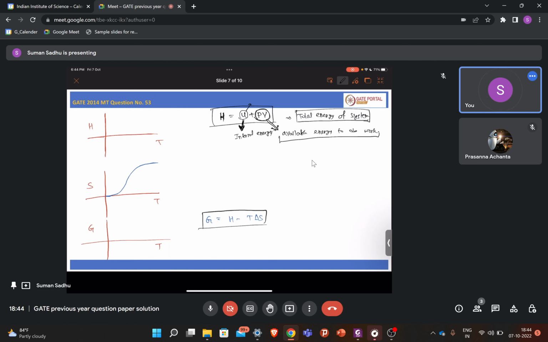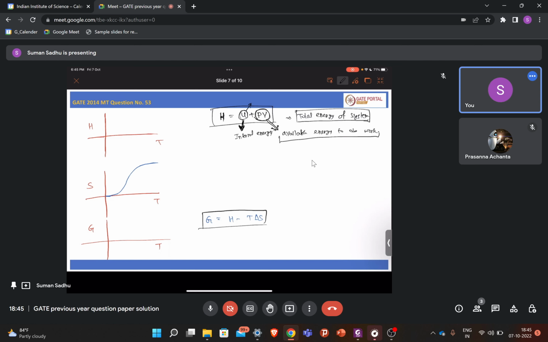If you think in simple terms, if you increase the temperature, the energy of the system will increase. It will not decrease, right? It will go to a higher energy state, because as you are heating, the atoms will vibrate more randomly, and the frequency of the vibration will also increase.